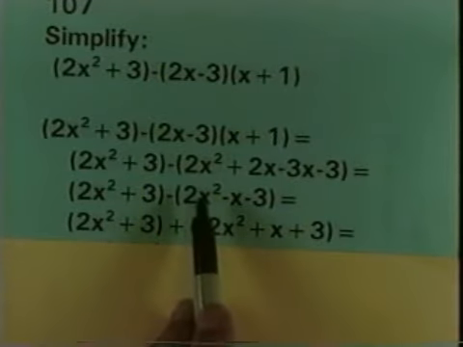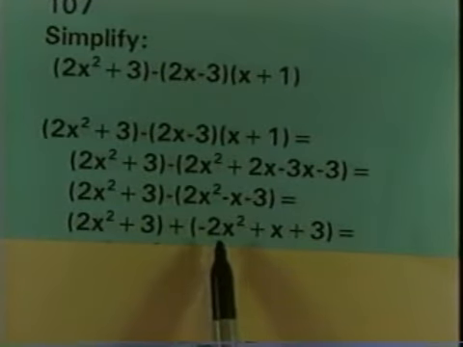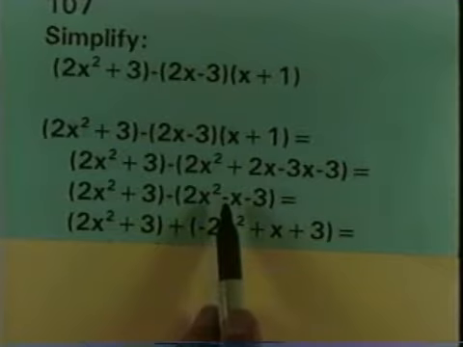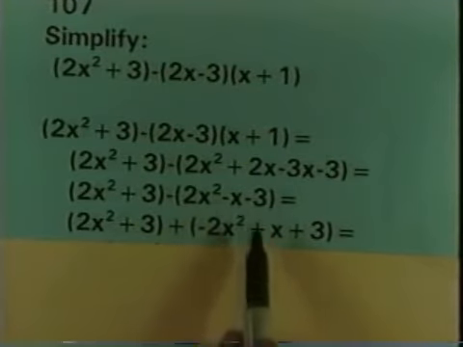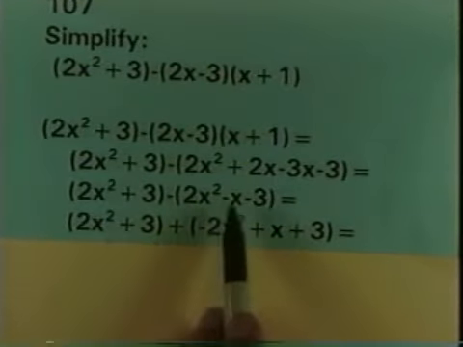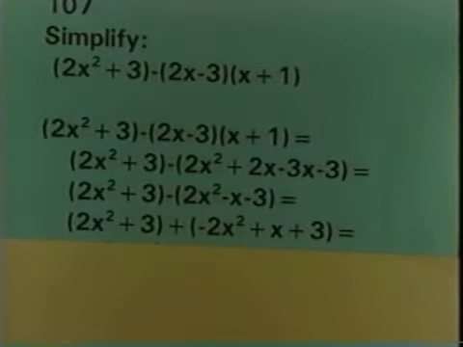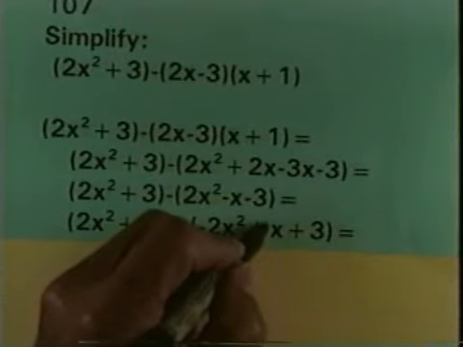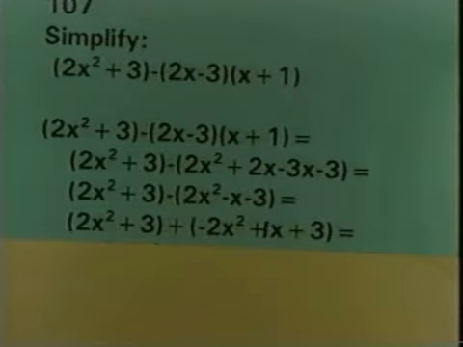The opposite of 2x squared is a negative 2x squared. The opposite of negative x is x. The opposite of a negative 3 is positive 3. Now note the coefficient of this x here is understood to be 1.